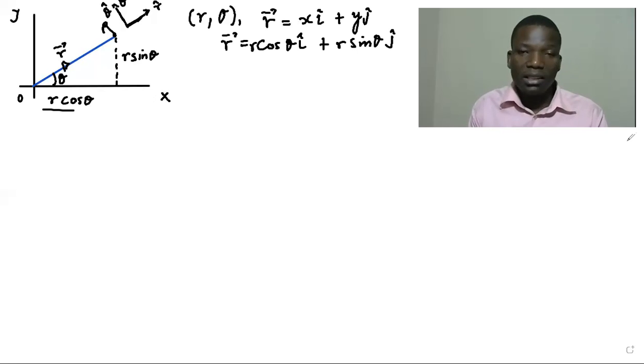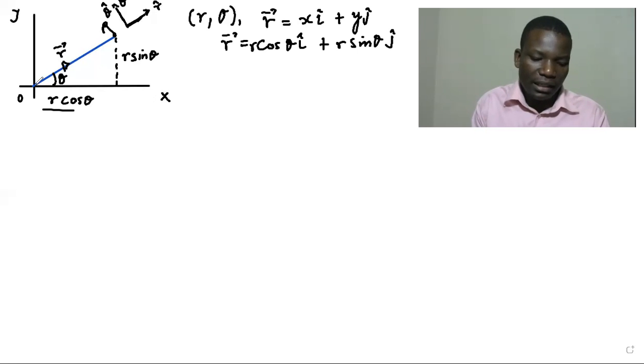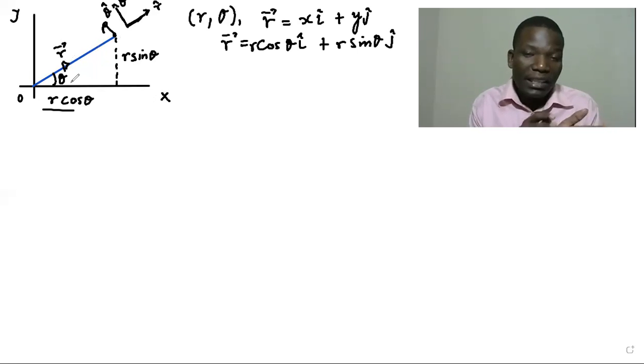So if this is the position vector of a particle P at any given time T, what we're going to see is that the small change in the position with respect to R, which is the magnitude, at constant theta is going to be a vector tangent.